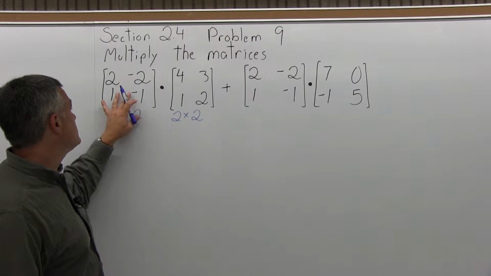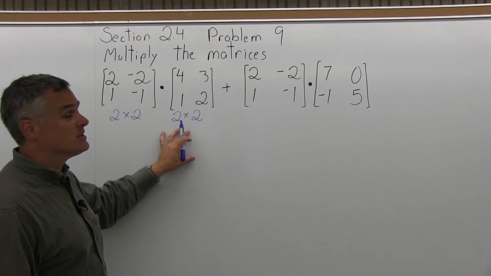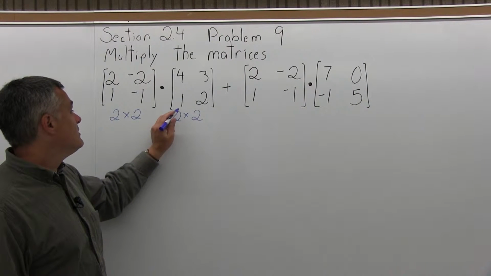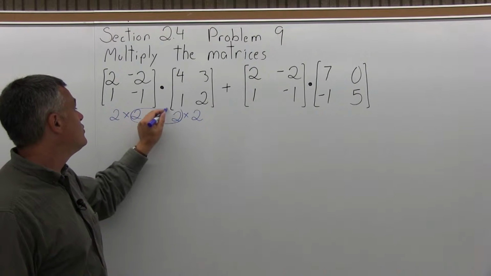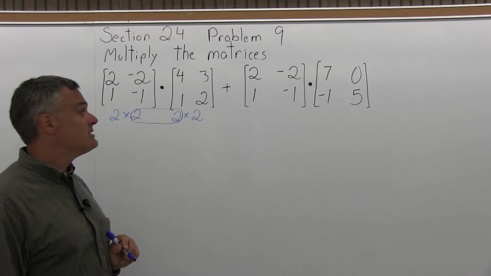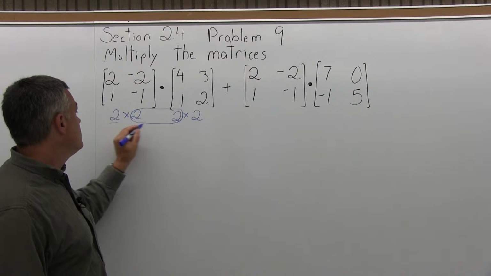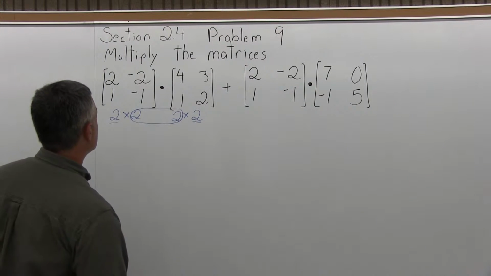The first matrix has 2 rows and 2 columns. Therefore 2 by 2. And the second matrix also has 2 rows and 2 columns. So that when you write the dimensions underneath, the inner numbers do match. They're both 2. So this does have a solution. And the solution will be 2 by 2. And I get that because that's what the outer numbers of the dimensions are.